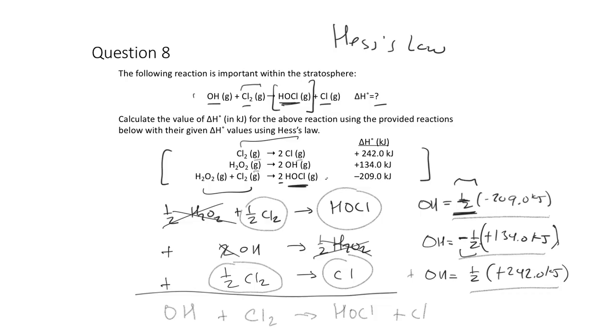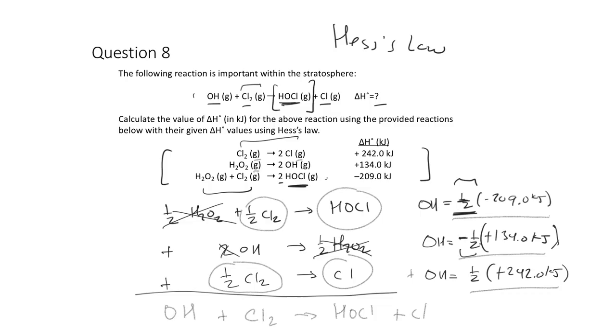And then I plus the negative 1/2 times plus 134. And then plus 0.5 times plus 242.